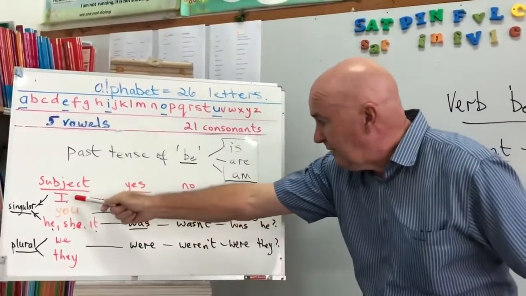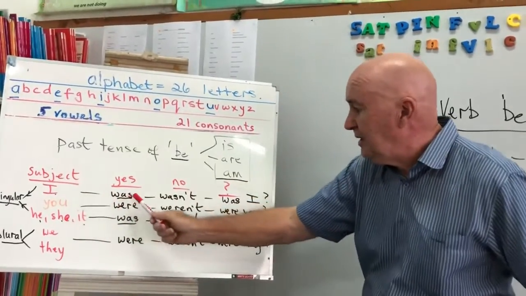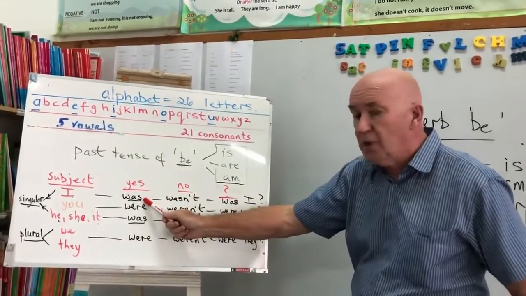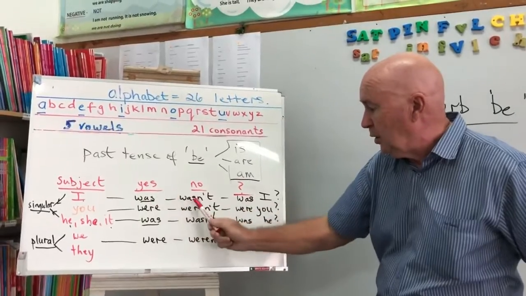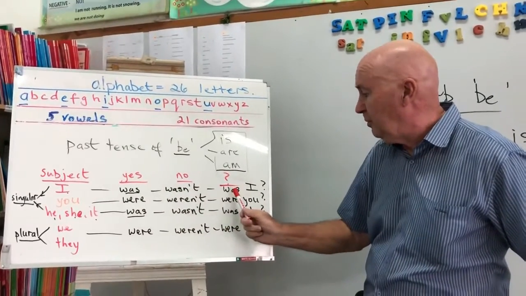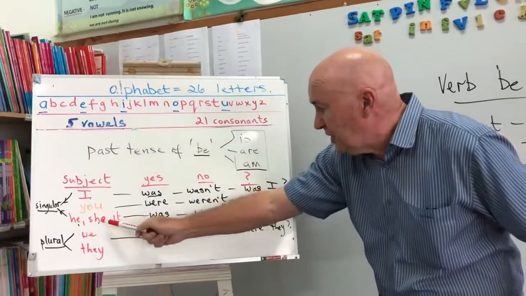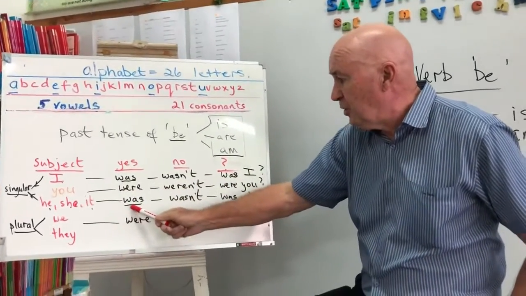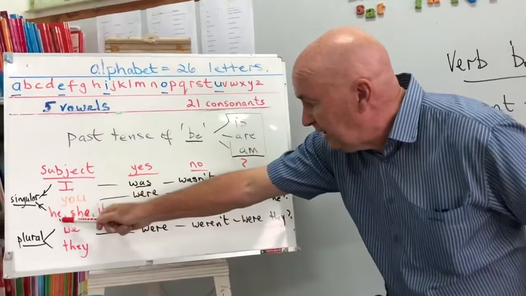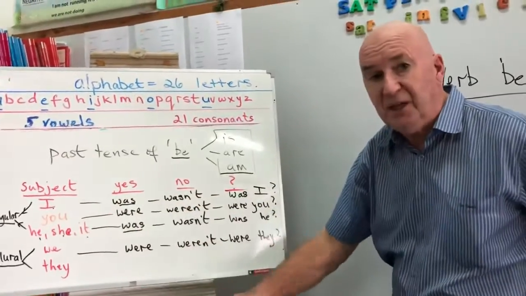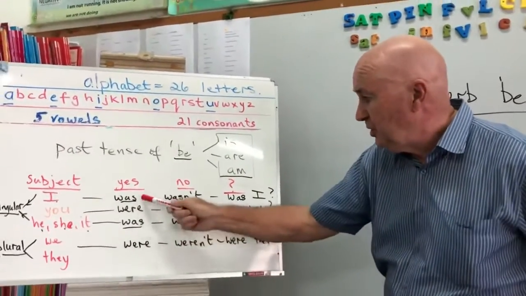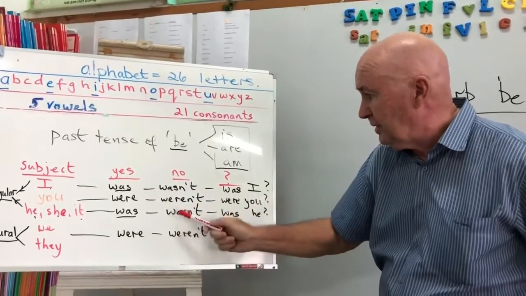So, if our subject is I, then we use was, or was not, or the question would be, was I? If the subject is he or she or it, then it's also was. Notice I, he, she or it are singular, are one. So we use was with those, okay?